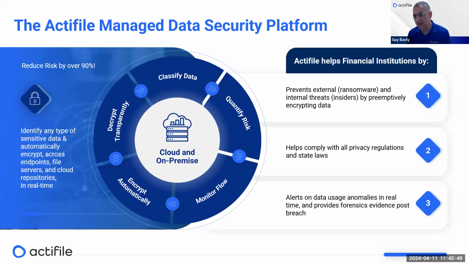Once deployed, we start automatically, based on predefined rules that you turn on by turning on security frameworks or regulations. We start scanning, opening files, and classifying data according to the content, the origin, and of course the type of file. We start quantifying the risk.